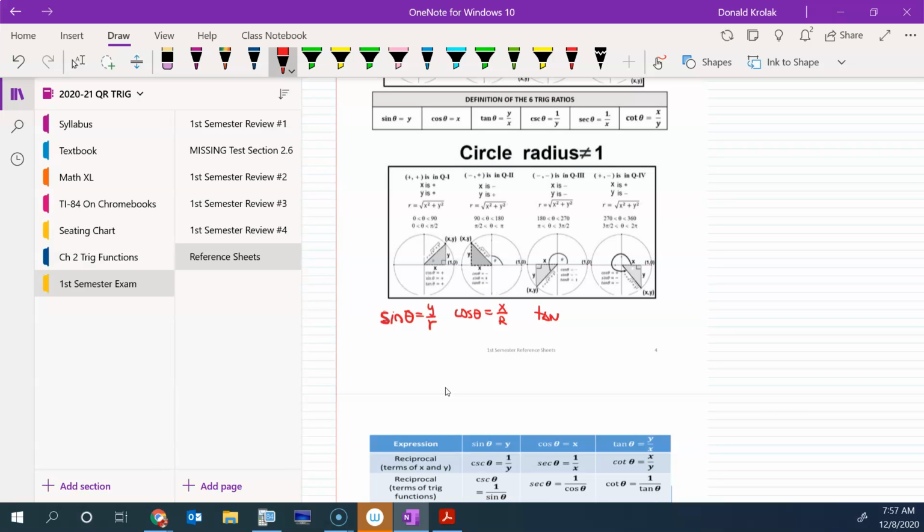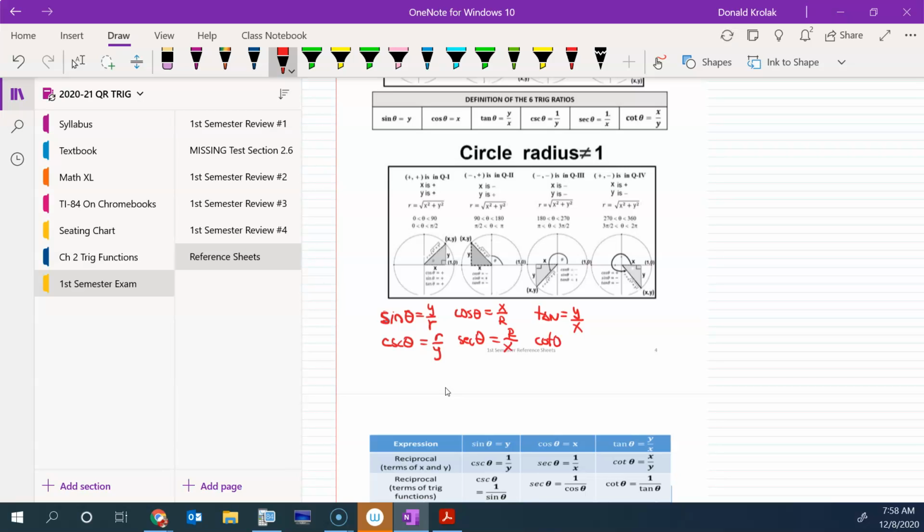So I'm copying this down, the exact same thing. Tangent is going to be y over x. Cosecant, flip that one. Secant, flip.